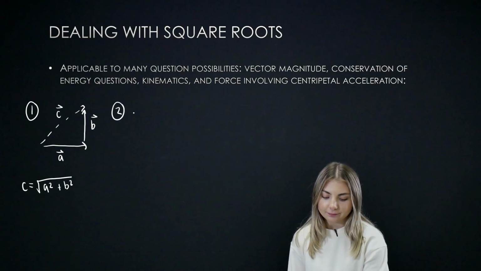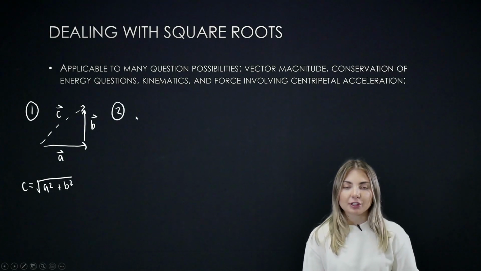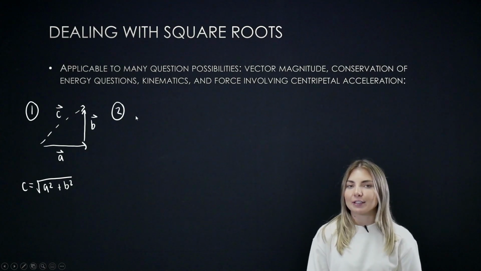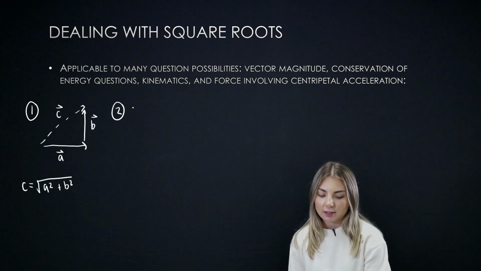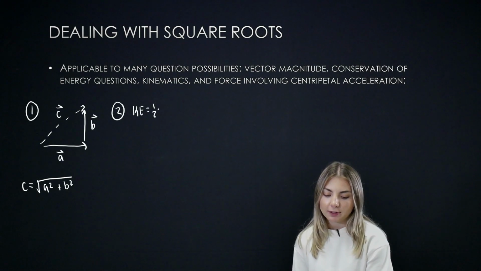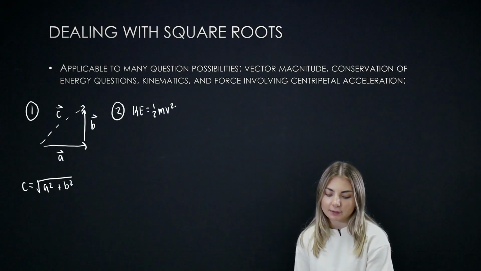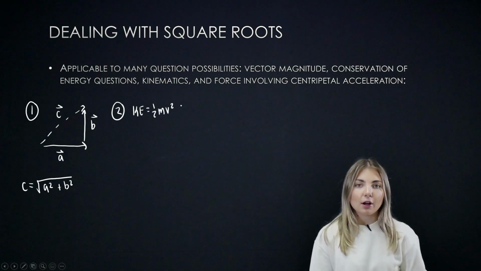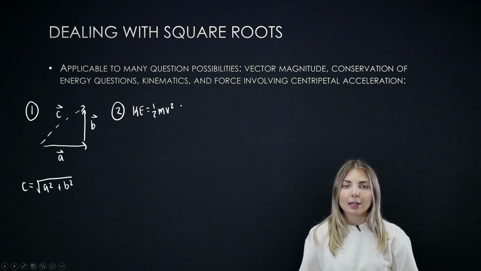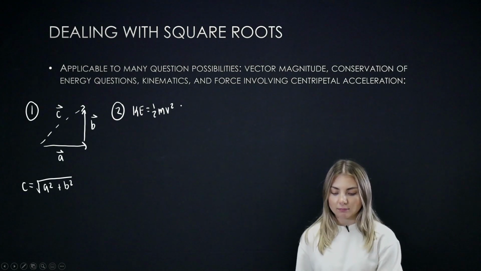Second, if we're solving a question involving conservation of energy, it's highly likely that you're going to need to use kinetic energy. And we know that kinetic energy equals 1/2 times mass times velocity squared. And let's say you need to solve for velocity. In this case, you would have to take the square root in order to find velocity.